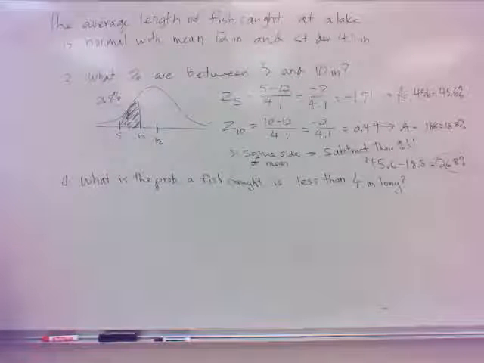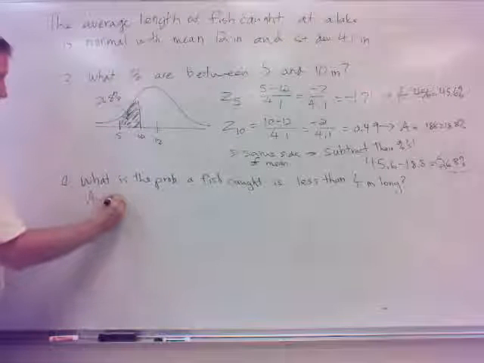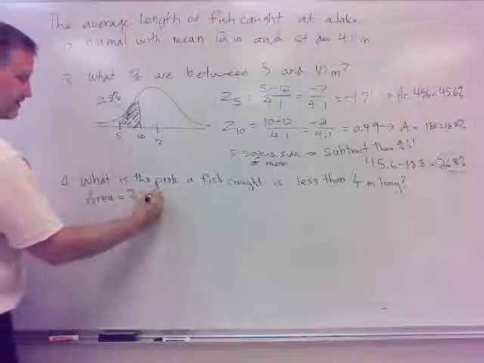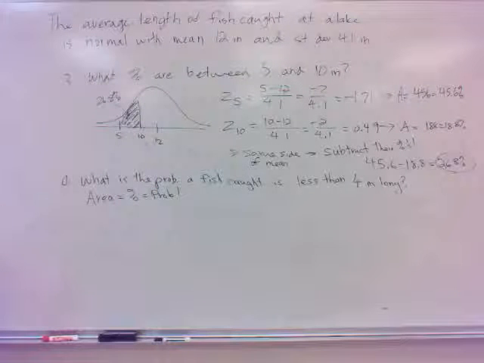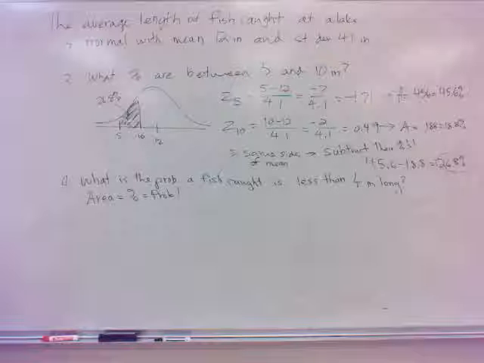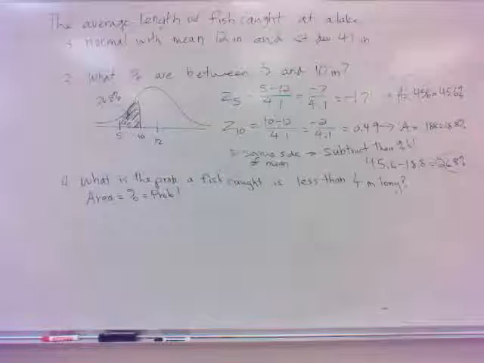But remember what I said from the very beginning. Area under the curve equals percentage, but it also equals probability. It's asking the same thing. This is asking the very same thing we were just doing. It's different numbers here, but I'm going to do this the very same way.